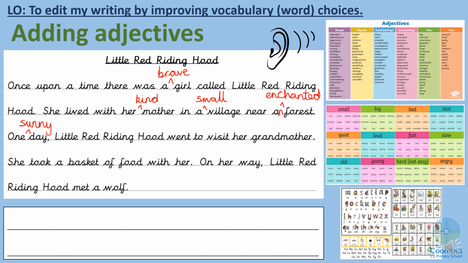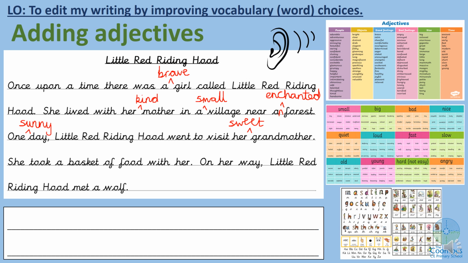How could I describe her grandmother? I've already used the word kind. Think about other words for kind. I might say she was sweet. So sweet being nice, not sweet being tasty. Although the wolf might have found her tasty. I might say she was old as well, but old, there are different words for old.